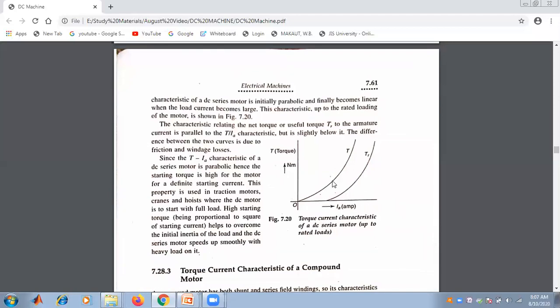Since the torque versus armature current characteristic of a DC series motor is parabolic in nature, the starting torque is high for a definite starting current because the torque is proportional to I square.